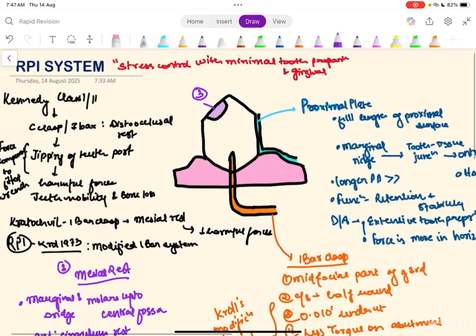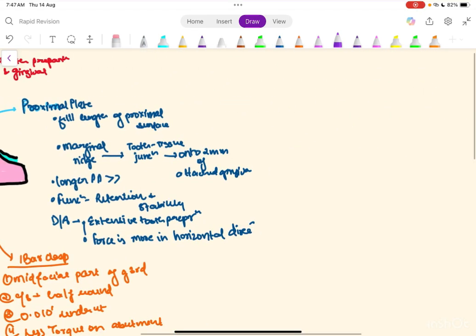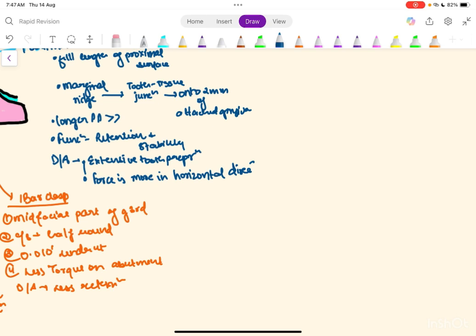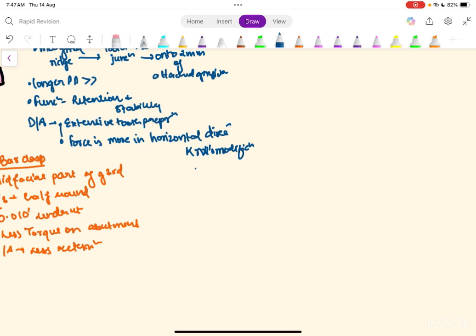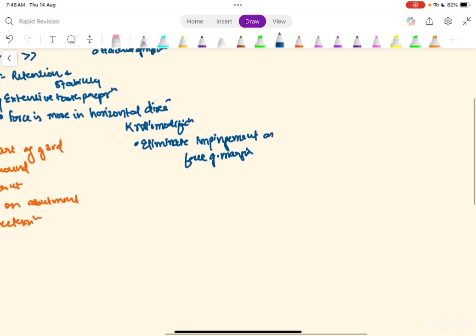In the proximal plate also he had a modification, in which he said we need to eliminate impingement on the free gingival margin, and the gingival embrasure is opened for better gingival health.